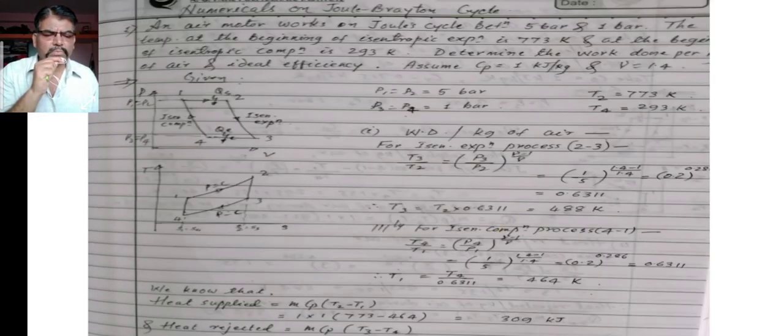An air motor works on Joule's cycle between 5 bar and 1 bar. The temperature at the beginning of isentropic expansion is 773 K and at the beginning of isentropic compression is 293 K. Determine the work done per kg of air and ideal efficiency.